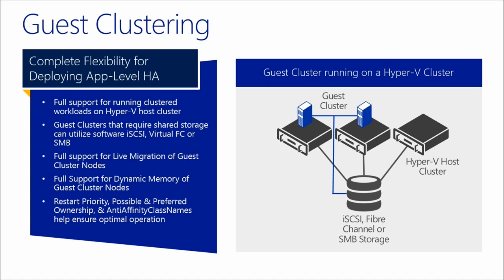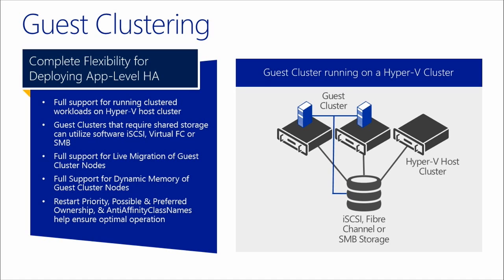Now, the final point we're going to spend a minute on is guest clustering. We talked about this earlier: this is our cluster on top of a cluster made up entirely of virtual machines. For the VMs to connect to storage, they need to support that storage protocol going through the virtualized stack. Remember, these VMs also need shared storage.